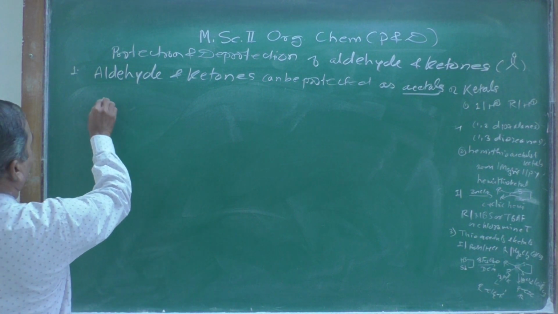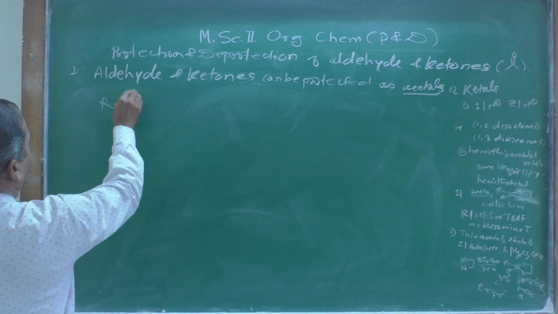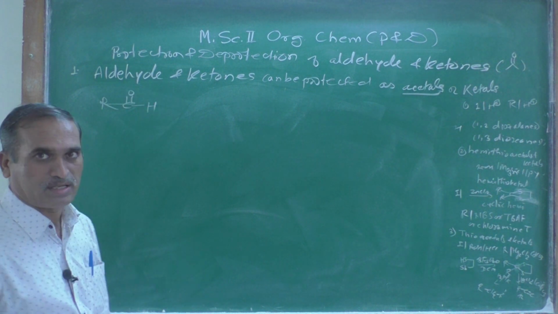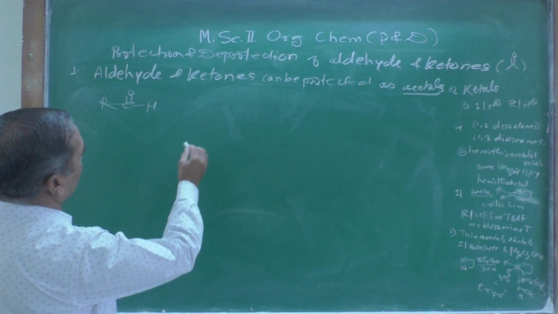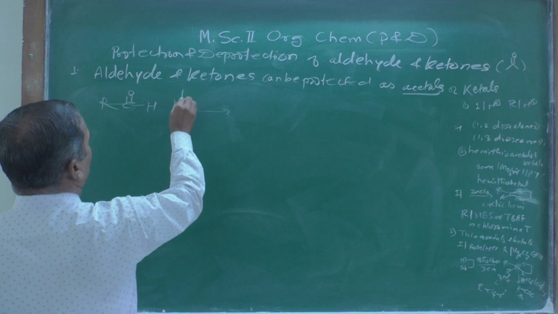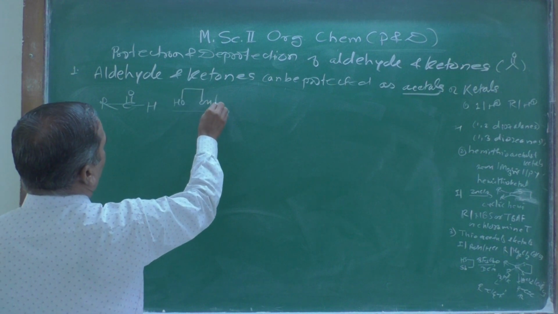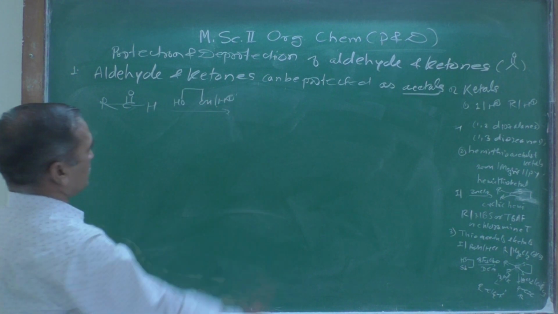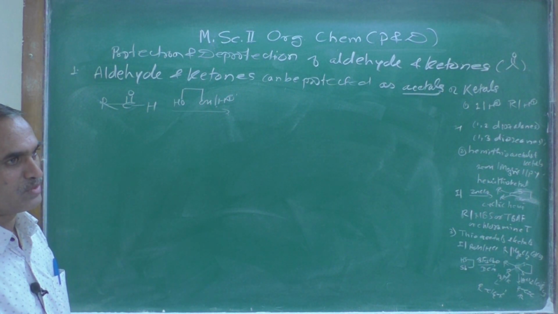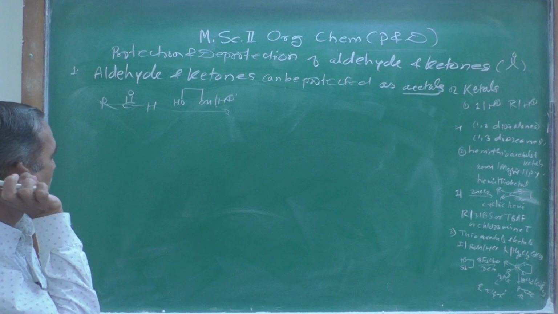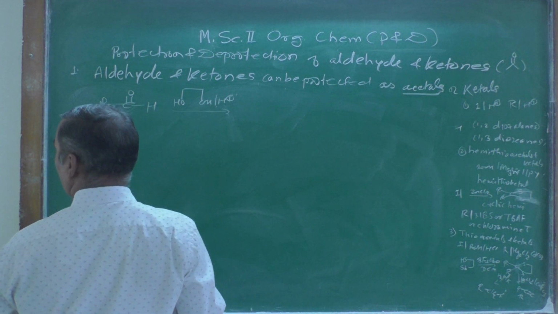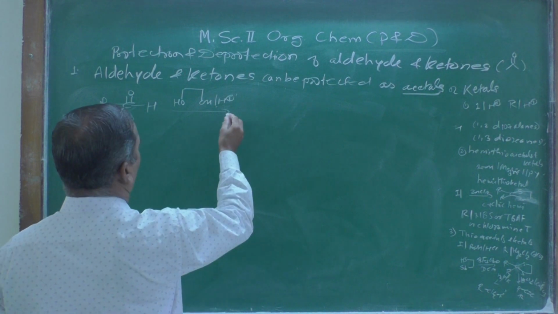As we know, the general formula of aldehyde is RCHO. This is the general formula of aldehyde. When it is treated with HO-CH2-CH2-OH in the presence of H plus, this is a 1,2-diol. It is known as 1,2-diol or ethane-1,2-diol, 1,2-dihydroxyethane we can call it.